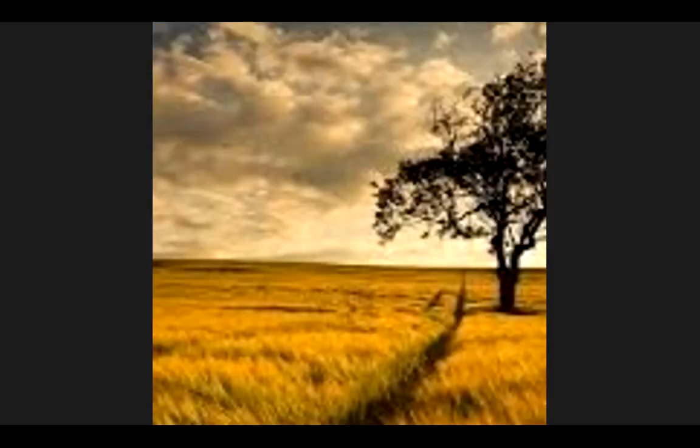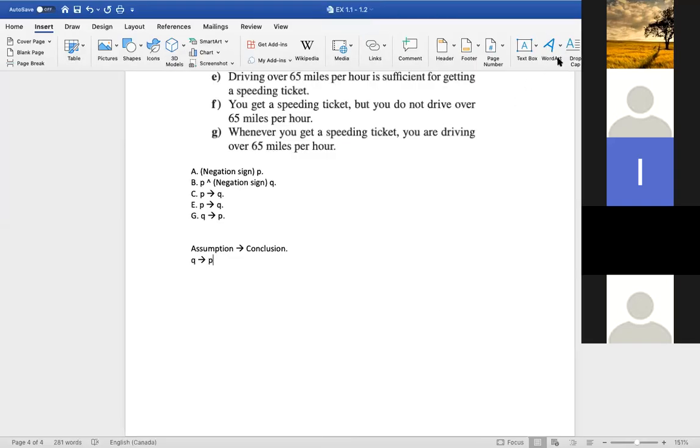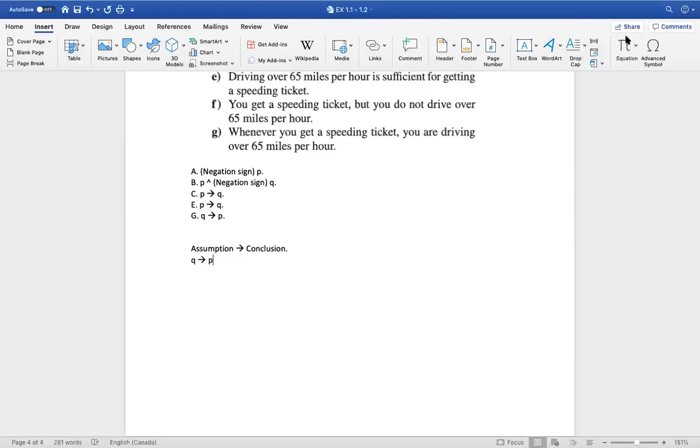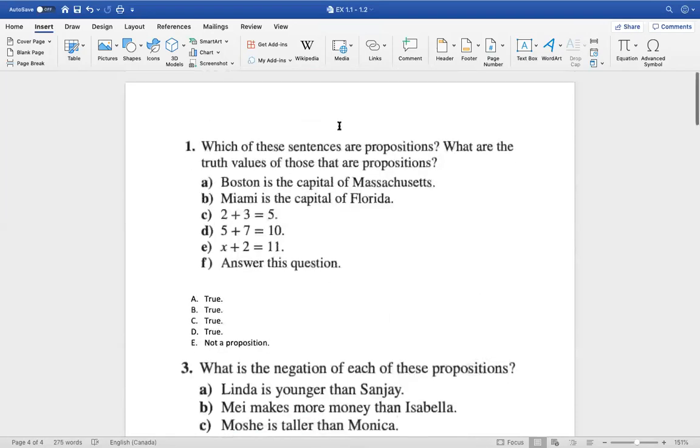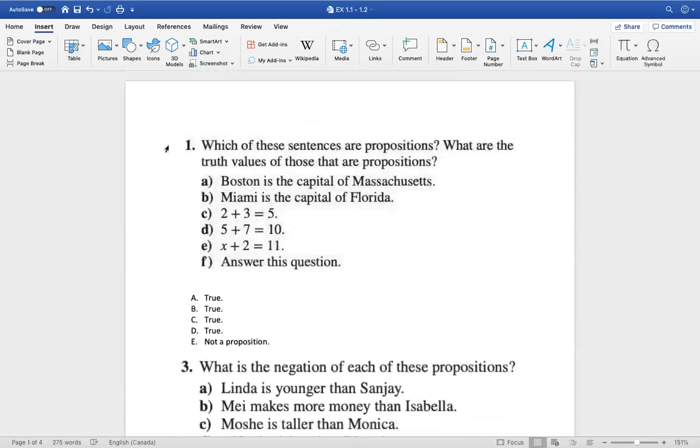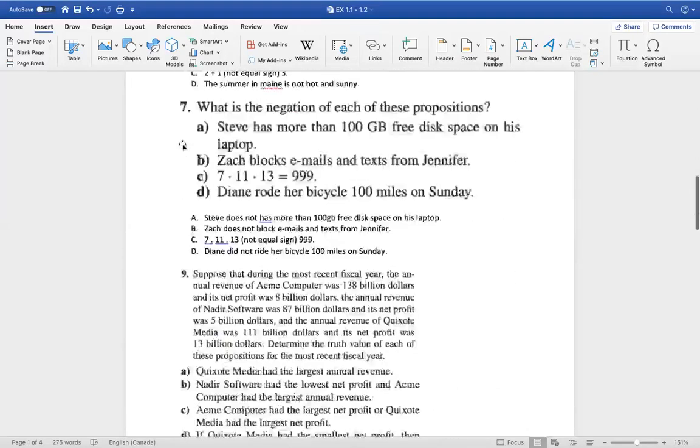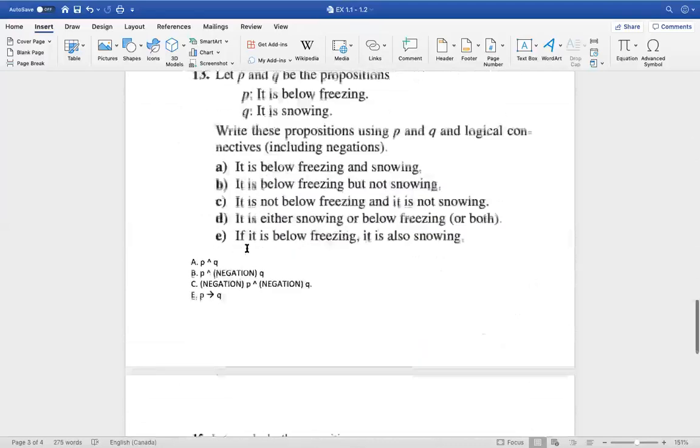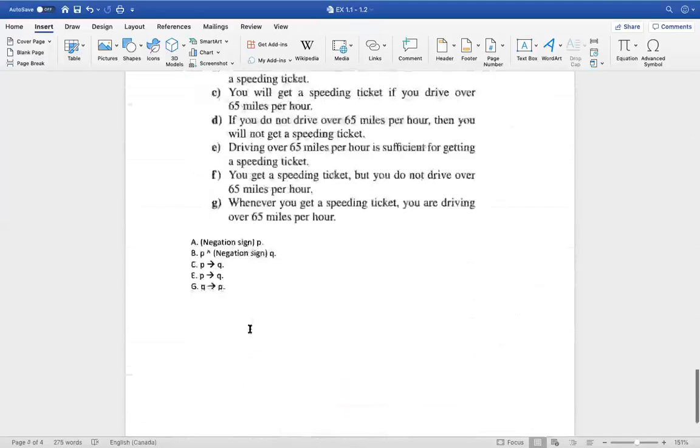Okay, everyone's back, and let's start now. So these are some questions from exercise 1.1. If you want more exercise examples, there are some in the slides as well, and the other ones are in the other tutorial.